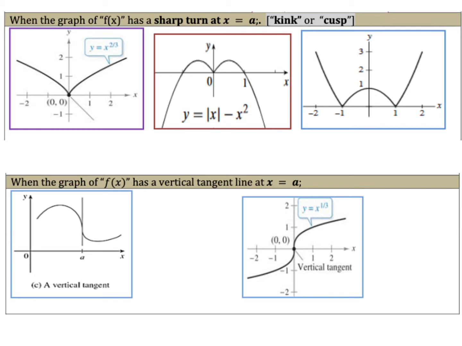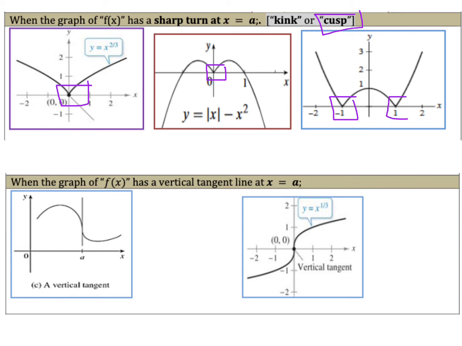But the problem, this is continuous, but it has a sharp turn. And this sharp turn, we call it cusp. Not corner, we call it cusp. And the other one also, it has what? Cusp or sharp turn. Here we have two sharp turns.